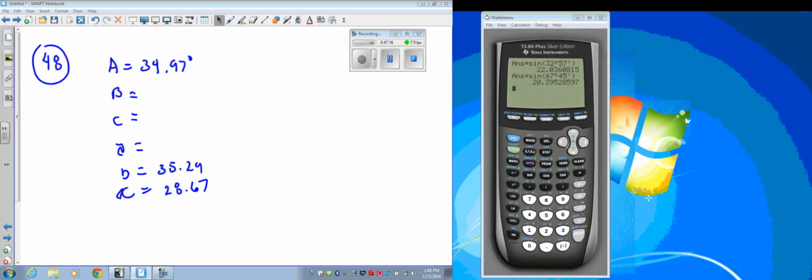You look at this, you say I got an ABC. So the area formula that I'm going to use is 1/2, and I'm going to have to use the sine of A, so this has to be BC, right?